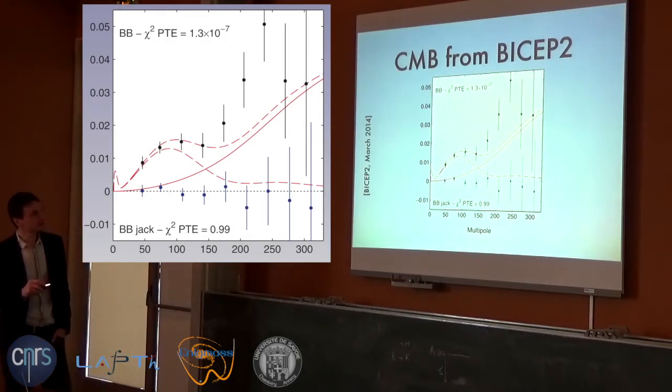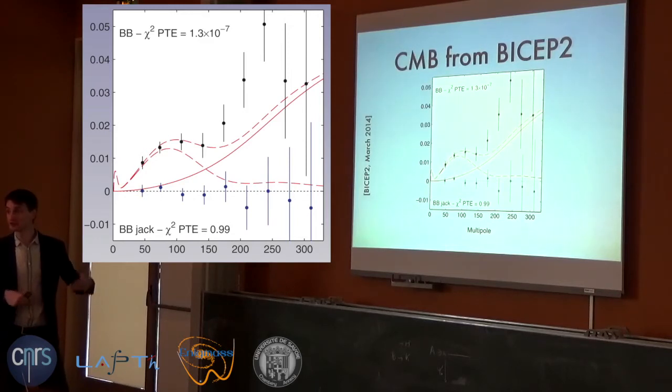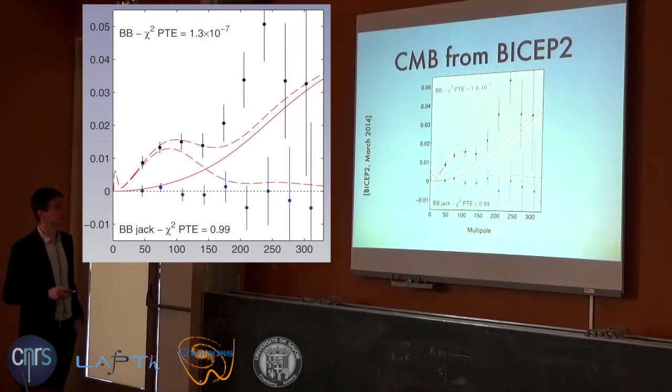There are two theoretical curves plotted here, and that is why I spent the last two slides talking about CMB lensing. The dashed curve here that goes back to 0 is the amount of B-mode polarization that you get from tensor perturbations on the surface of last scattering. So this is the amount of B-mode polarization that you get from gravitational waves, from gravitons that were stretched during inflation and then froze into the cosmic structure.